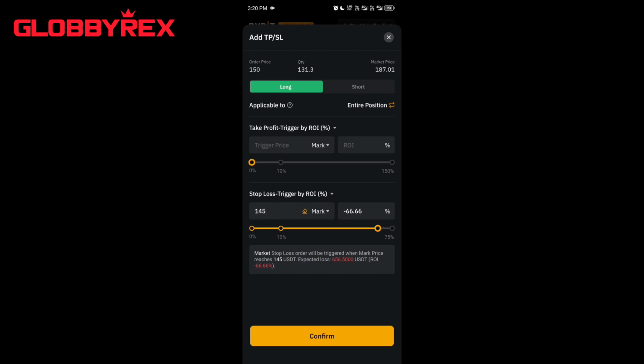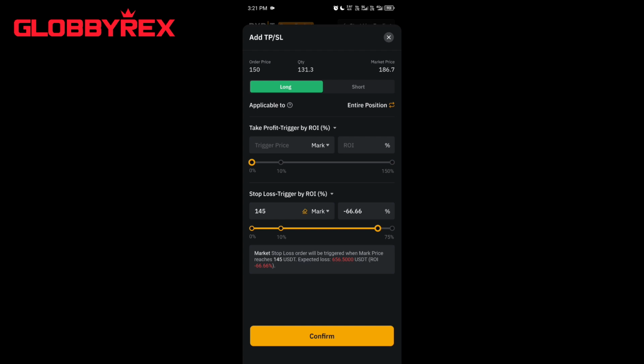The position size and risk per trade are different. So if I open this trade with $1,000 and my stop loss is at 145, my expected loss is 656.5. So this is my risk per trade.